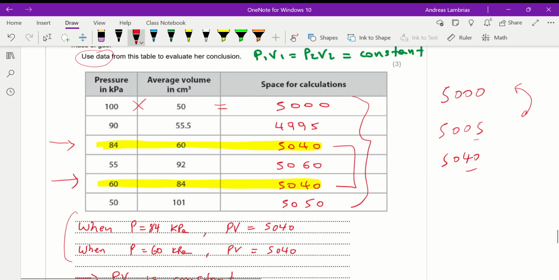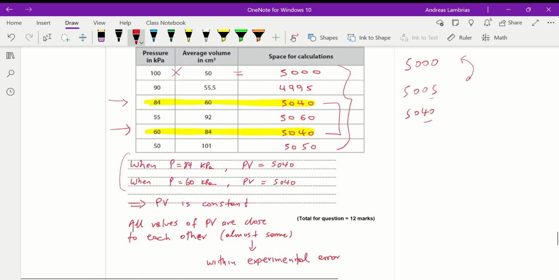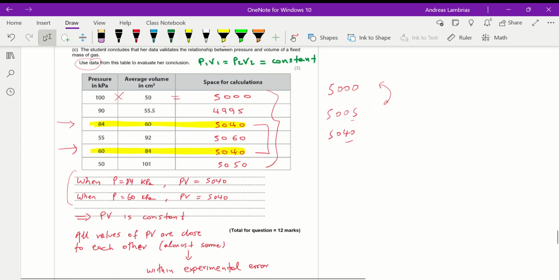So we can say that those changes are within what we call the experimental error. Therefore, even though they are slightly different, we can consider that they are the same. Therefore, the relation of pressure and volume is kind of confirmed.